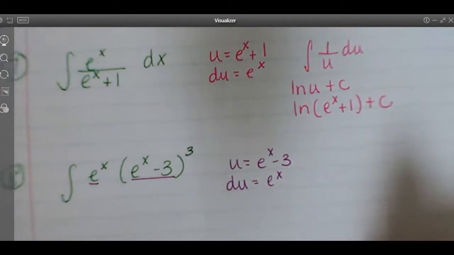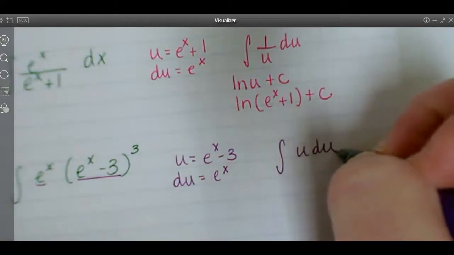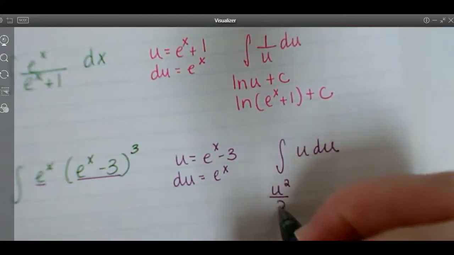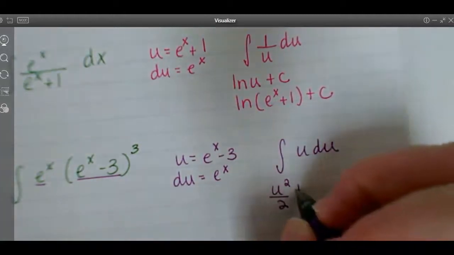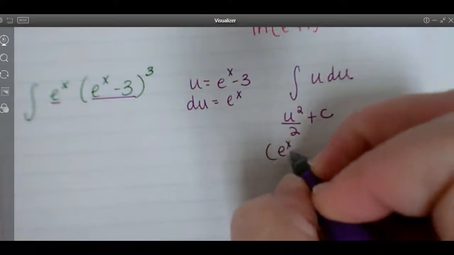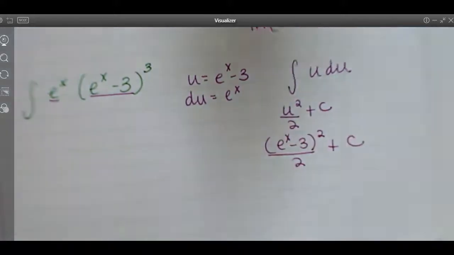Nothing to change. You do just say the integral of u du. The antiderivative of u is u squared over 2. And then we want to substitute back in what u is, which is e to the x minus 3 squared. And then that's our answer.